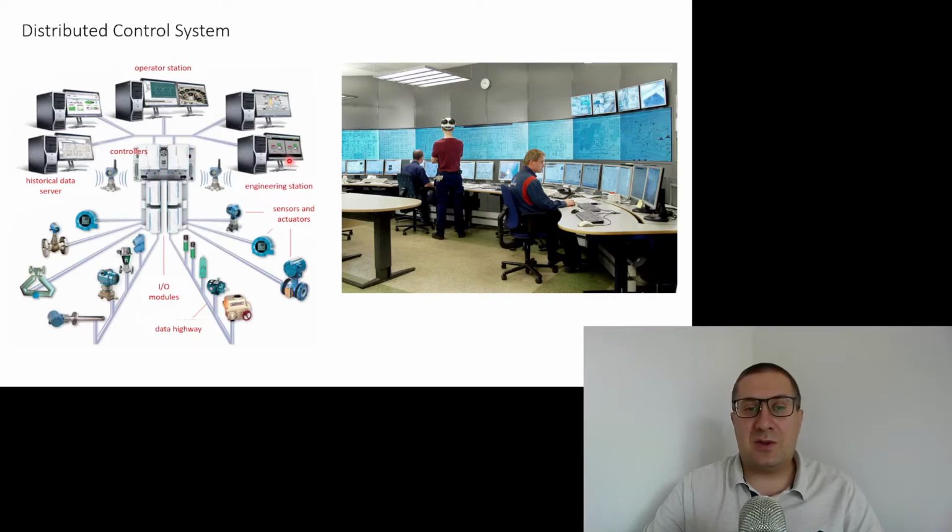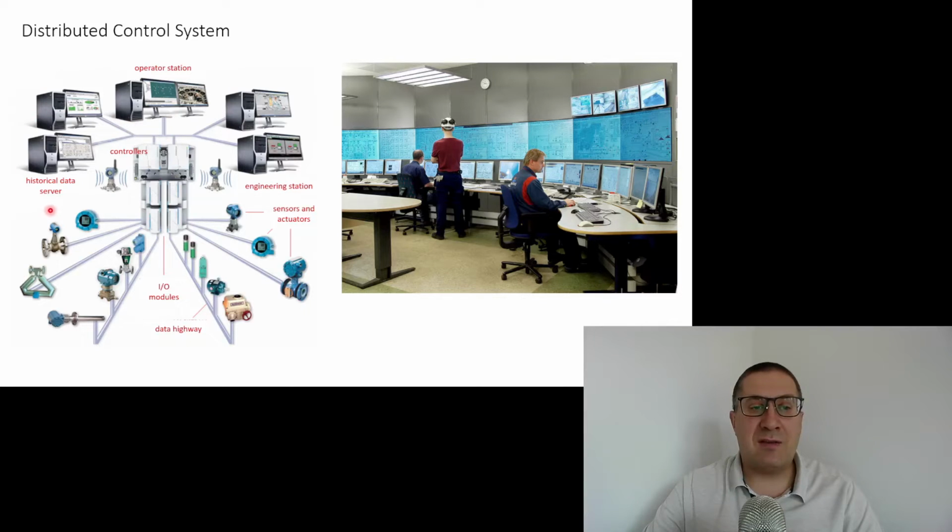We can also change the operator graphics, add new devices, register new devices, create new alarms, right? So if this pressure is higher than some level, a new alarm will be raised and presented to the operator.